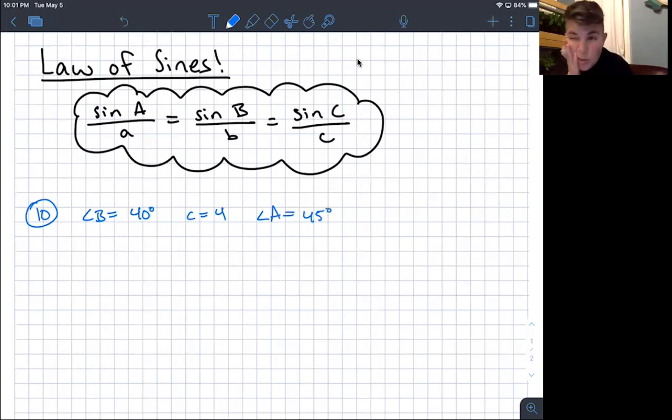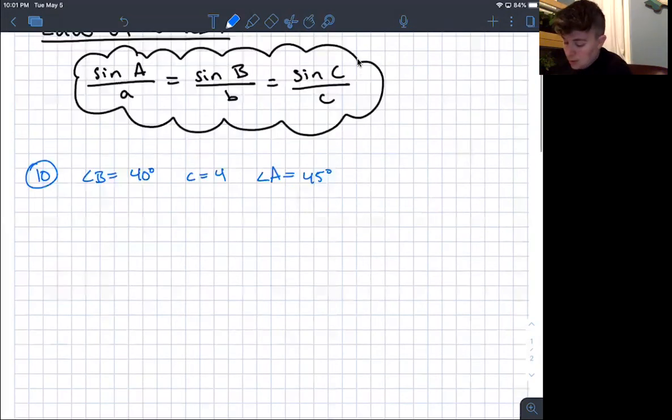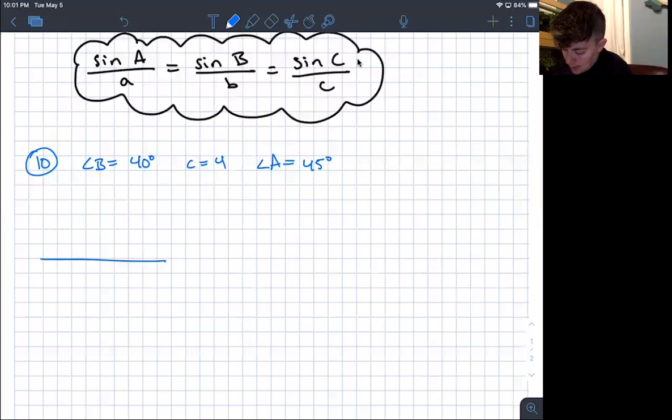So like I said, you always want to sketch your triangle out so you can see what you're working with and whether you have an angle side angle situation, a side side angle situation, which is an ambiguous case, or that's SSA or ASS, or a side angle side.